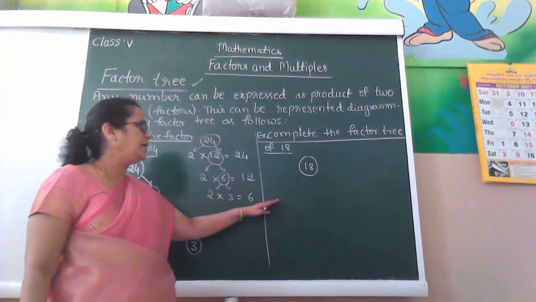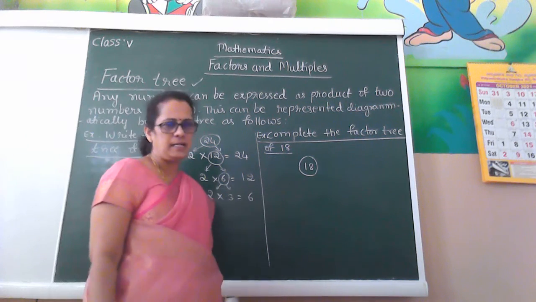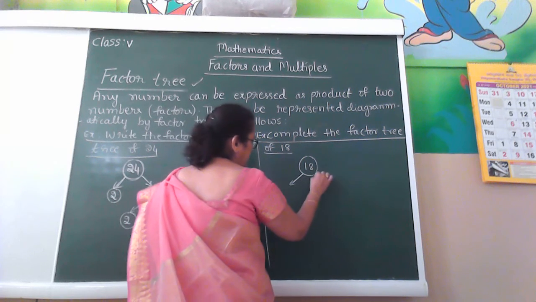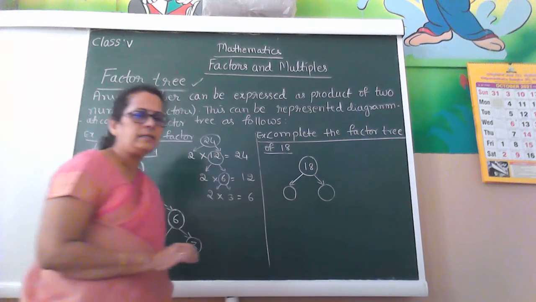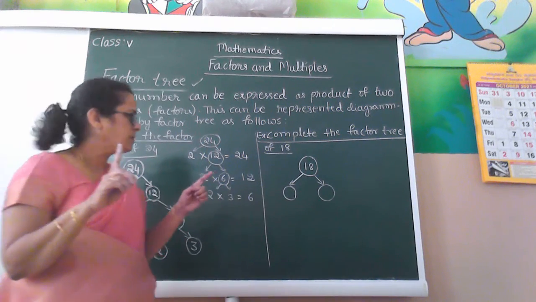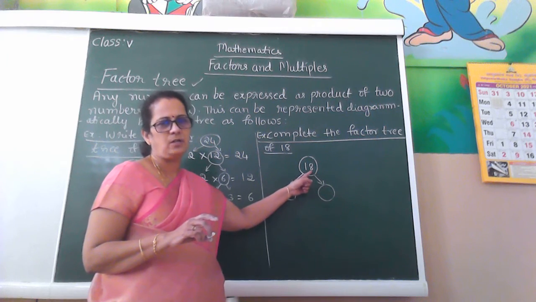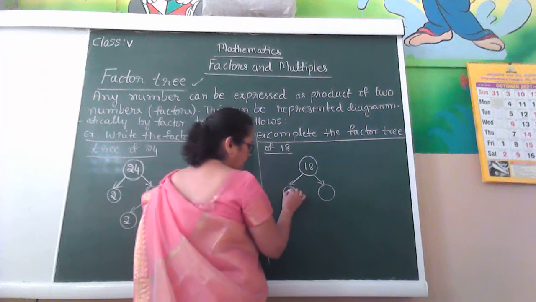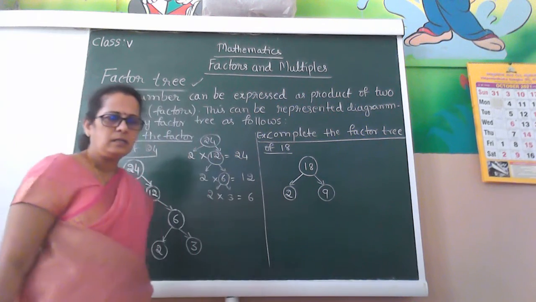Okay, in the same way, complete the factor tree of 18. See, you can consider this tree as anything which multiplies by two numbers and you should get the product of 18. So 2 how many are 18? 2 9s are 18, isn't it?